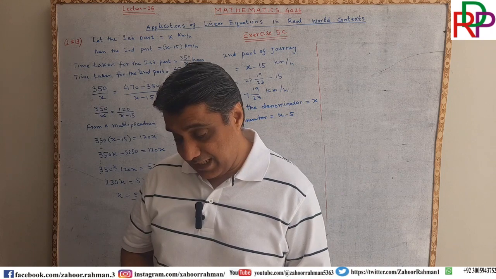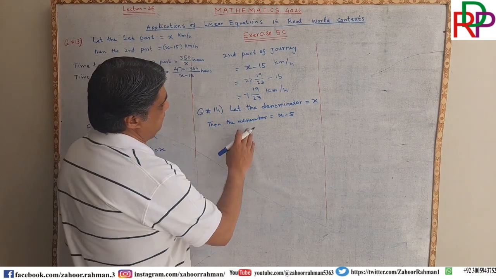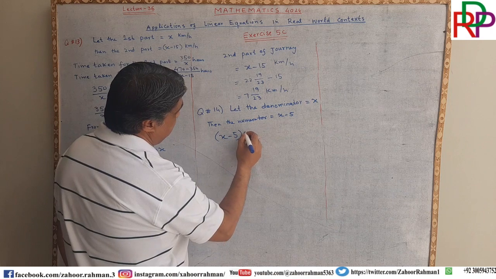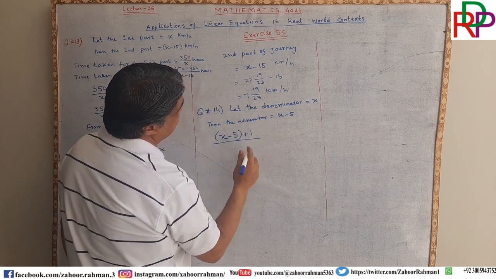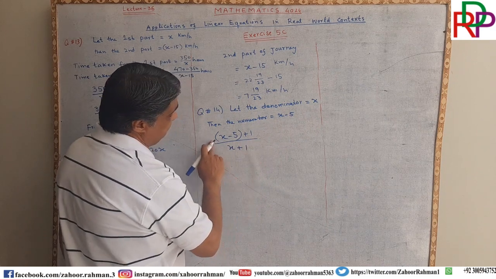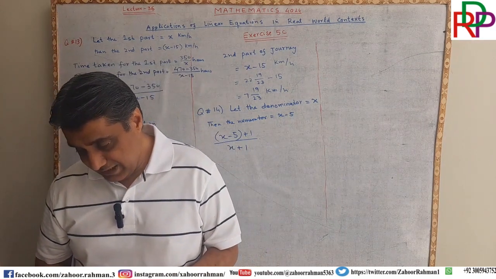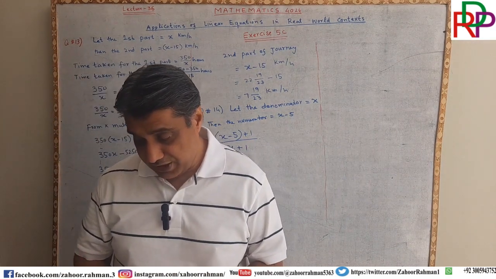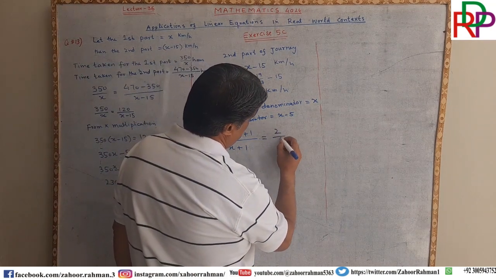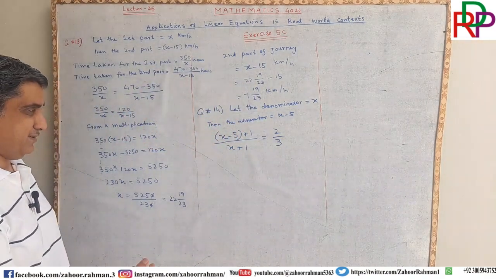If 1 is added to the numerator and denominator, so numerator x minus 5 plus 1 and denominator is x plus 1, because we added 1 to both numerator and denominator, and they are saying that then the new fraction is 2 over 3. So the new fraction will be 2 over 3, and they are saying find the fraction.